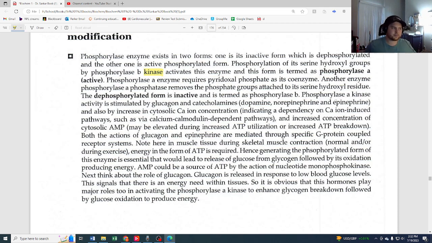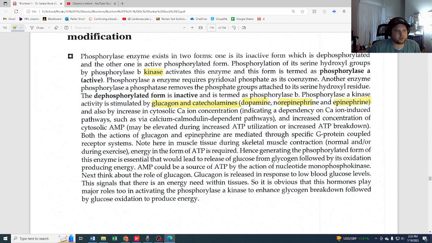Phosphorylase kinase activity is stimulated by glucagon and catecholamines. Remember glucagon versus insulin and all their functions, and the catecholamines such as dopamine, norepinephrine, and epinephrine.